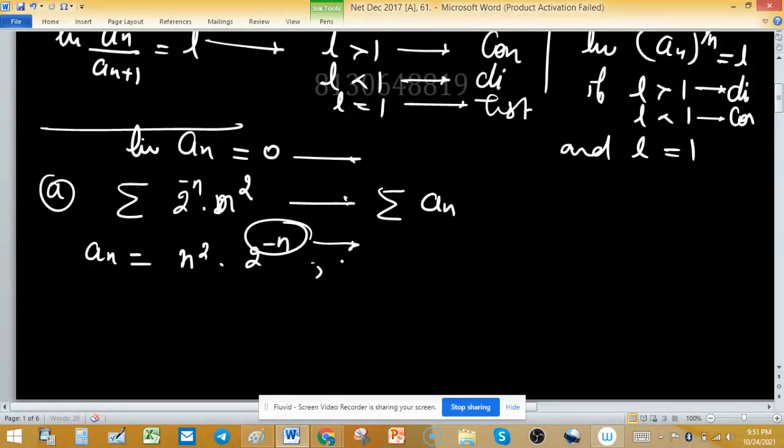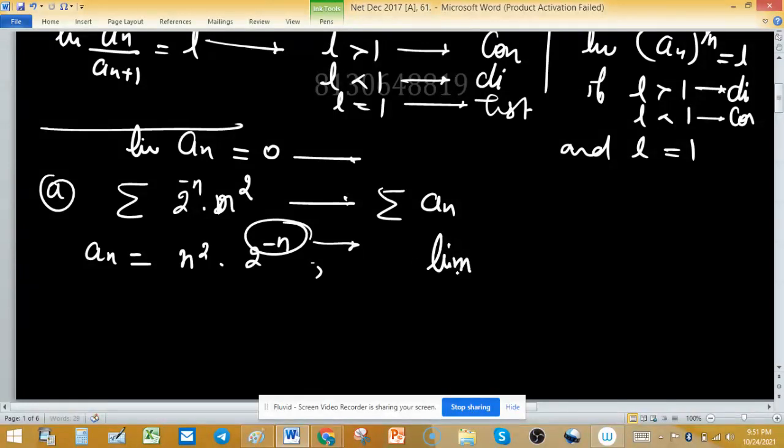If you apply the ratio test, sometimes the ratio test fails to predict the convergence of some series, but the root test can. So indirectly I can say the root test is more powerful than the ratio test.